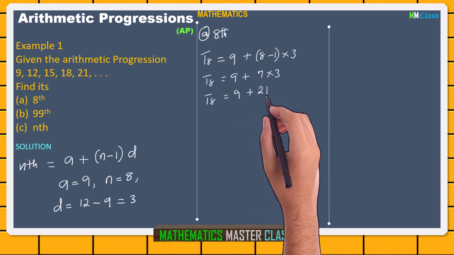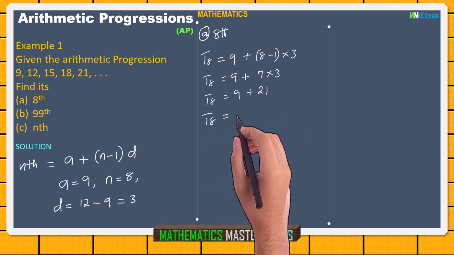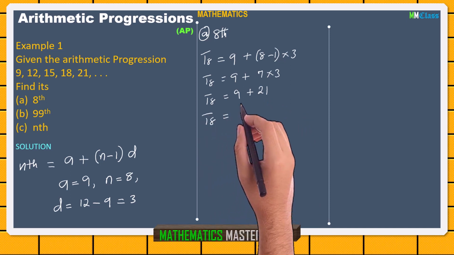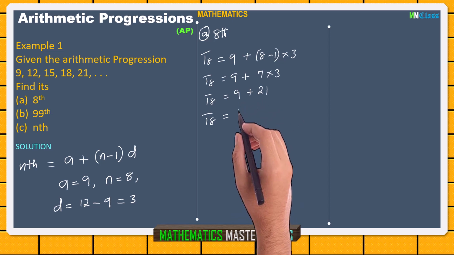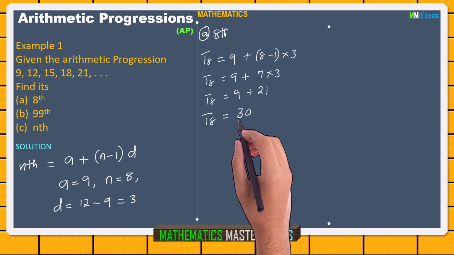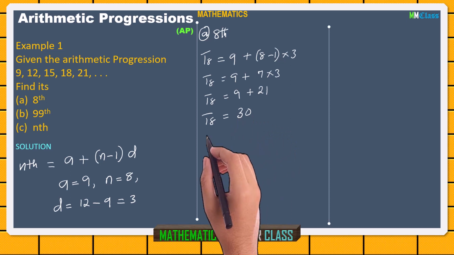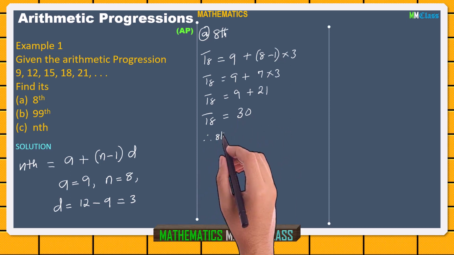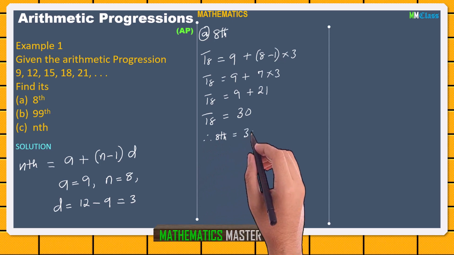So T8 is 9 plus 21, which gives us 30. Therefore, the 8th term is 30.